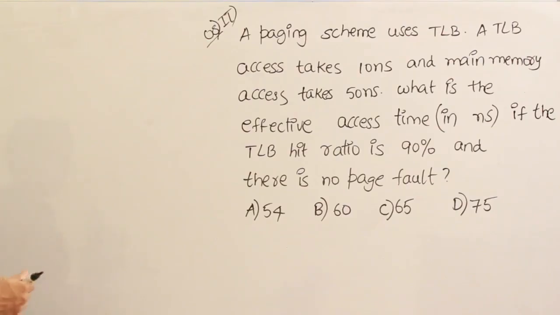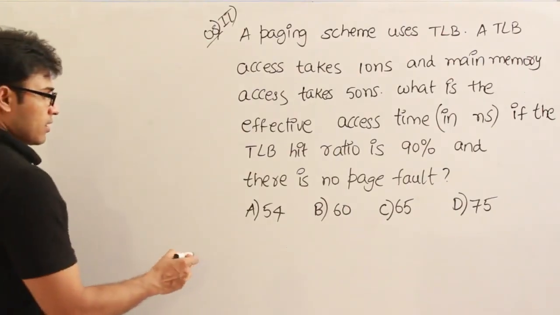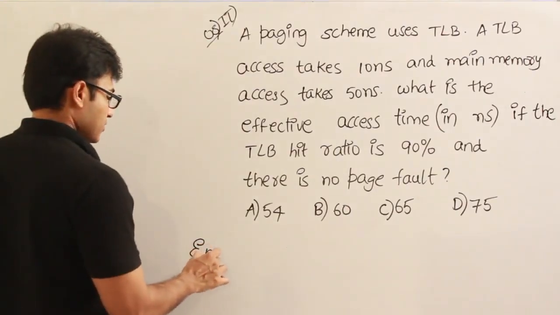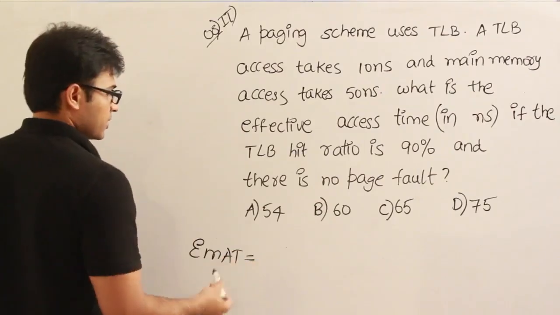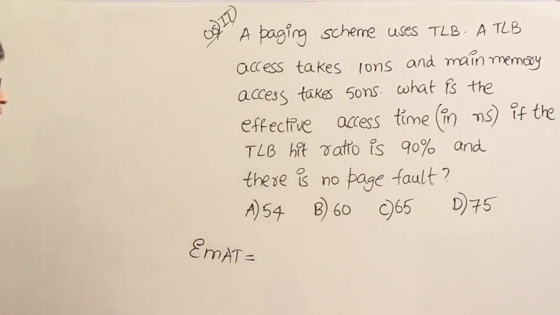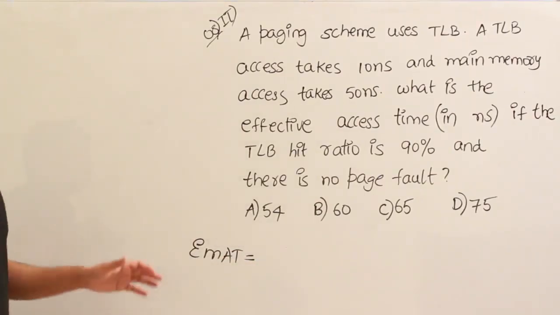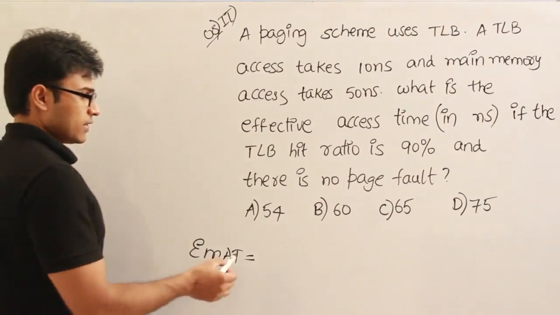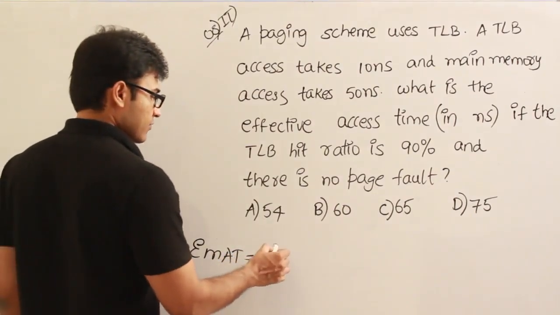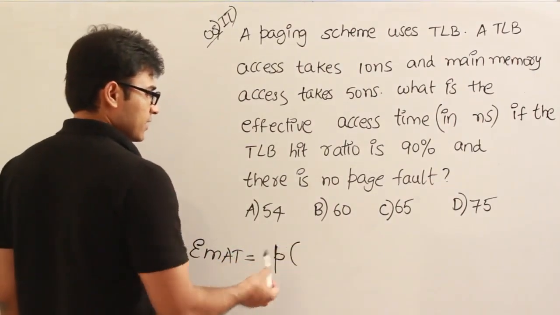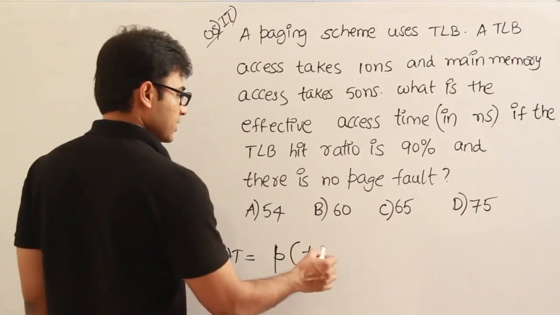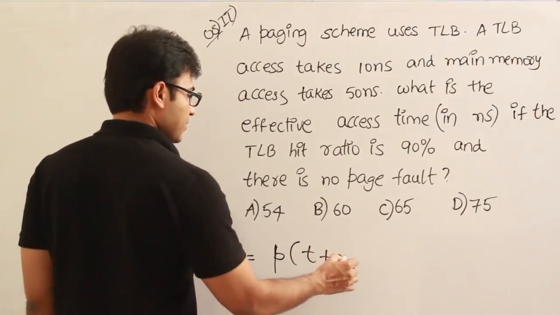So effective memory access time, I already told you. What is the formula for that? You need not memorize it as a formula. If the TLB contains that entry, then the scenario is only the TLB access time plus memory access time.